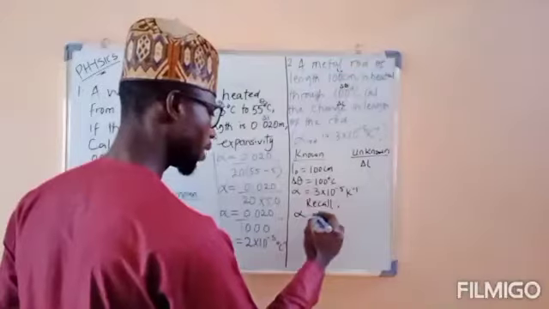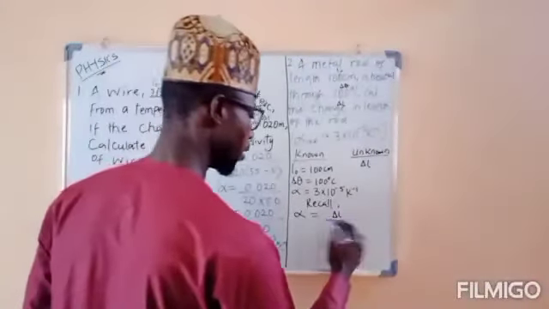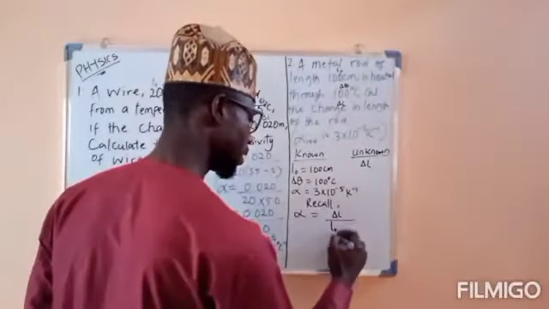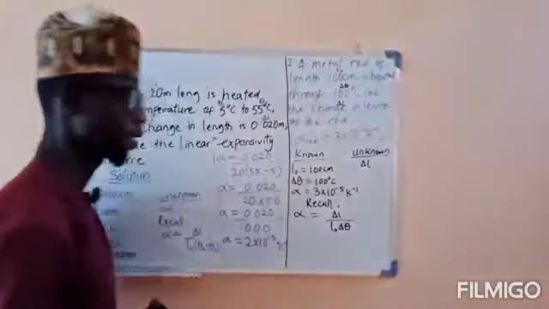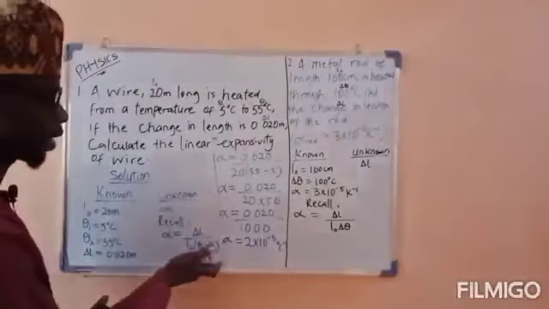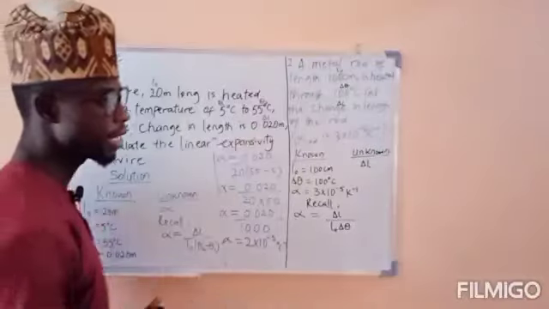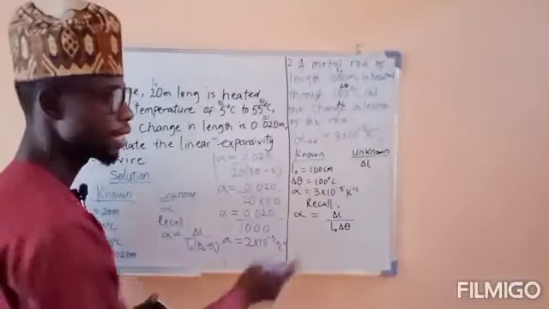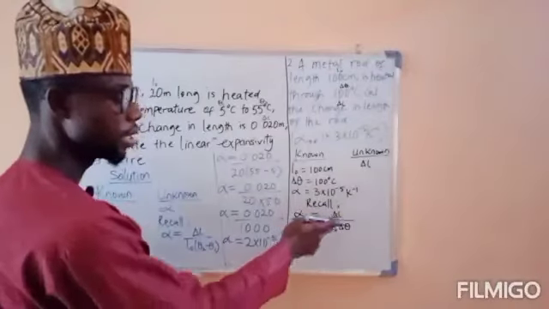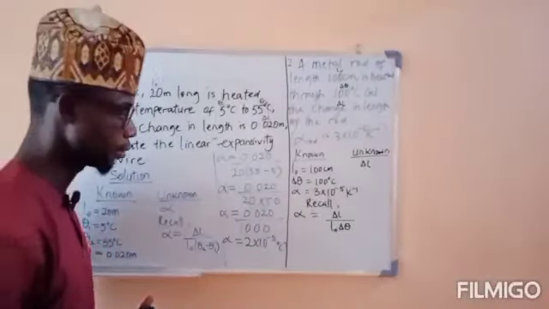that alpha is equal to change in length all over original length times change in theta. You see, the same formula, I modify it like this. They are still the same thing. If there's a case that need me to use L2 minus L0, I'll put it up there. If there's a case that need me to use e, which is the same thing as change in length. Is that clear? Good.